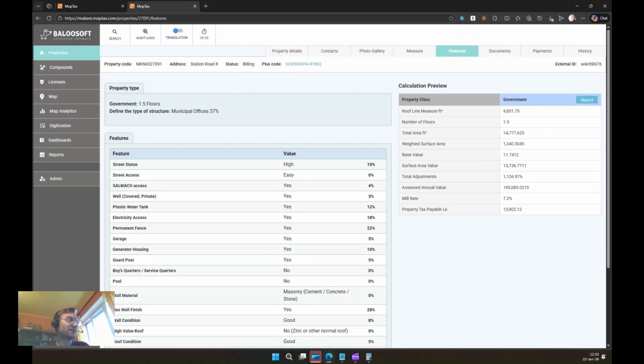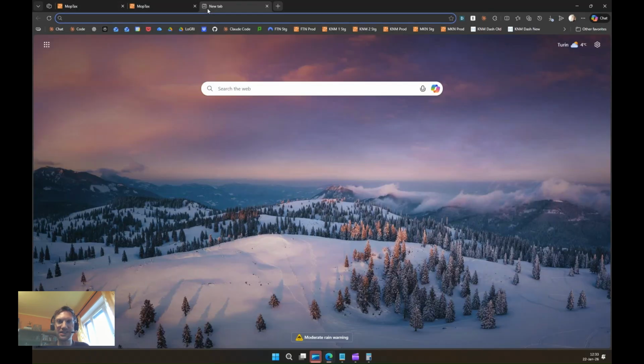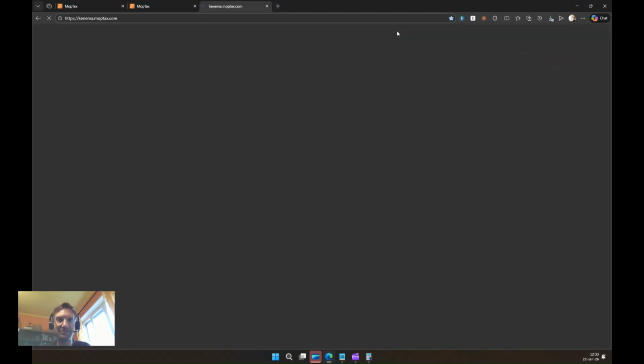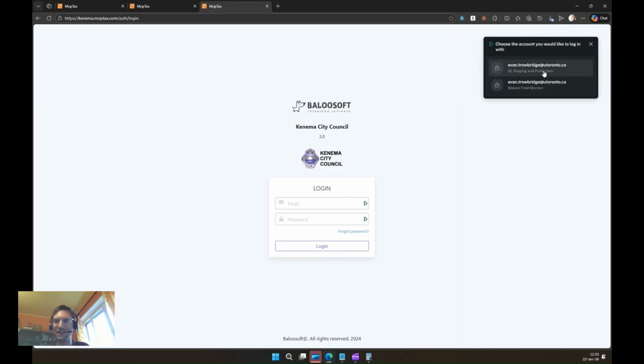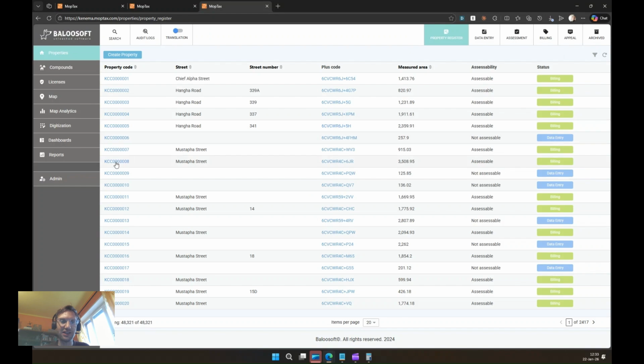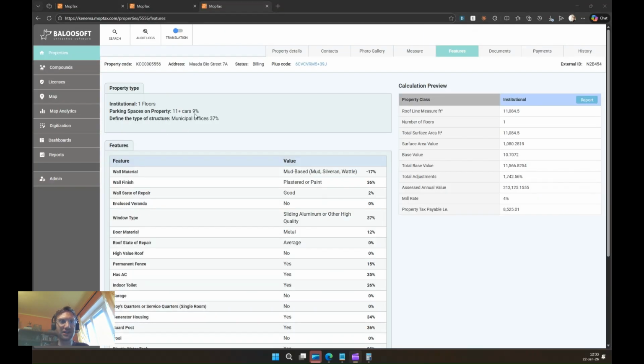Okay, now a few things to highlight: if you are, for example, in Kenema, Kenema has properties that have specific weights that are only for commercial buildings or only for institutional buildings. For example, Kenema has parking spaces on property, but parking spaces are only measured for properties that are non-domestic.